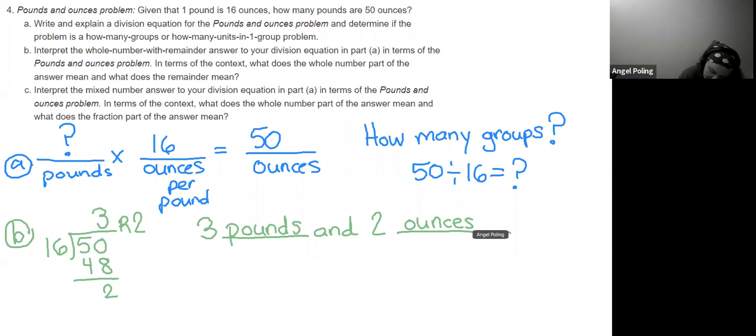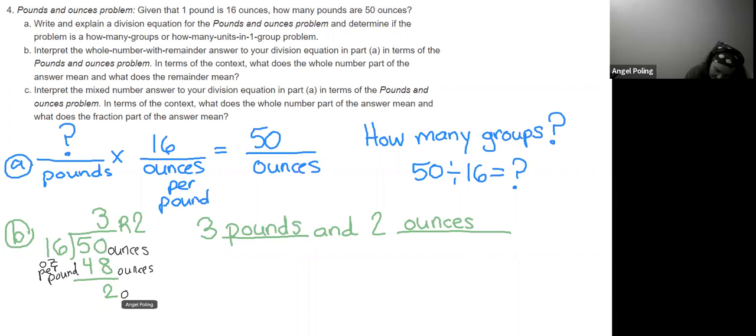And sometimes we'll even annotate the equation over here and say ounces per pound, just to see it, right? And these are ounces. So if you have an amount of ounces, then all you can subtract from it is ounces.